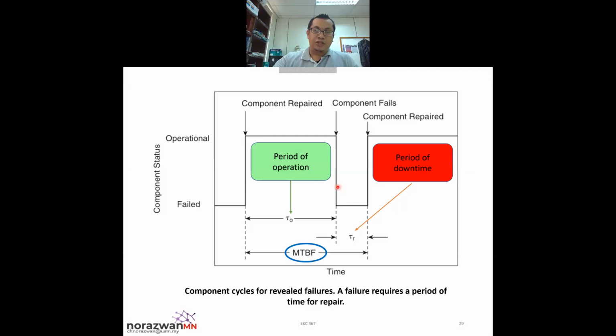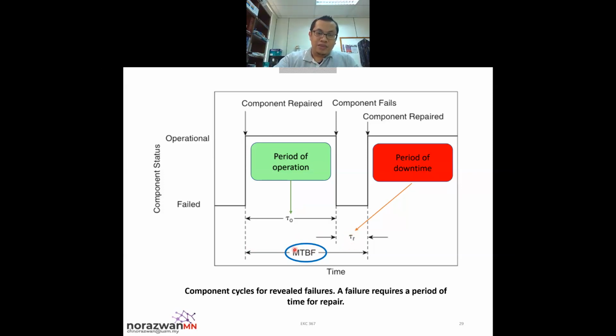Do you remember the previous class, the mean time between failure, MTBF? So this is the MTBF, from the start of your operation until before your component can operate again. Instead of using your previous equation, MTBF equals 1 over mu, now you have MTBF equals tau node plus tau r.